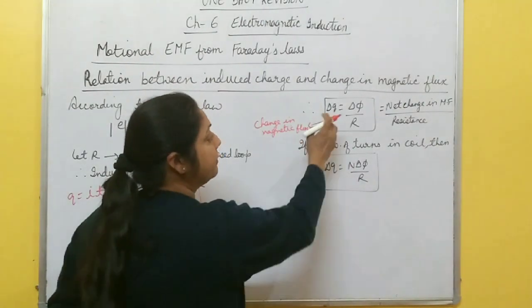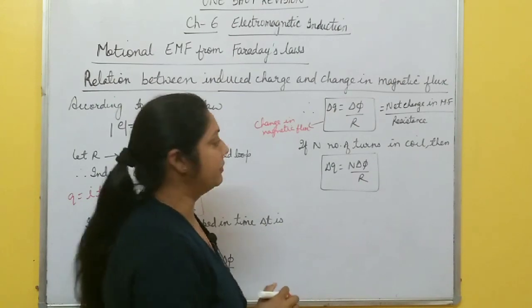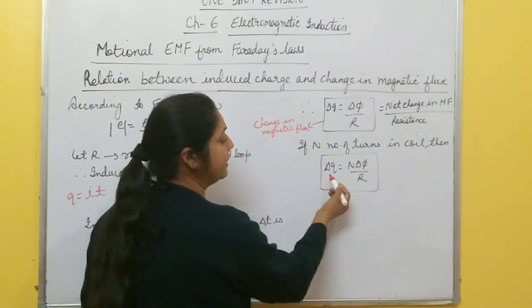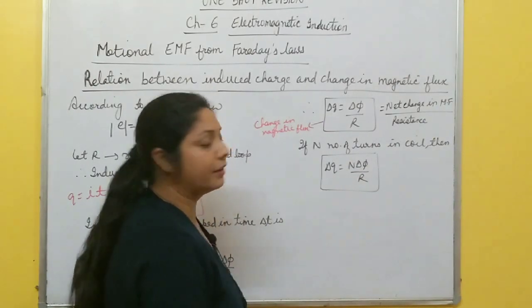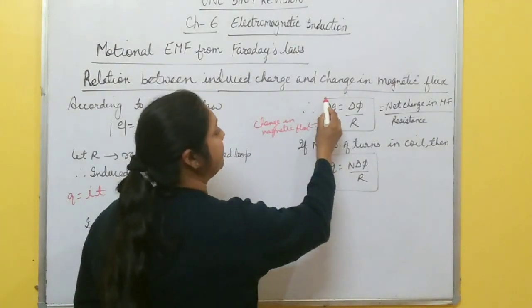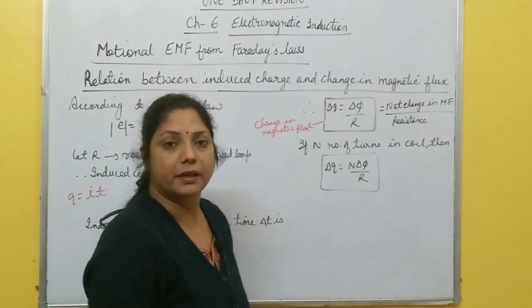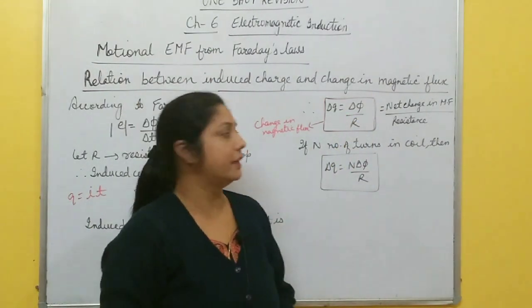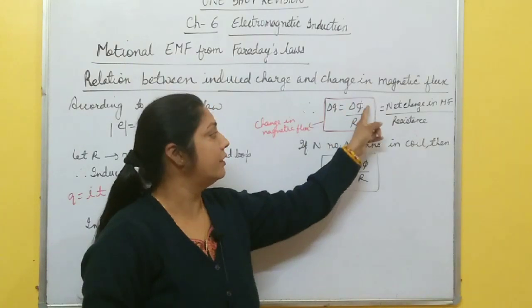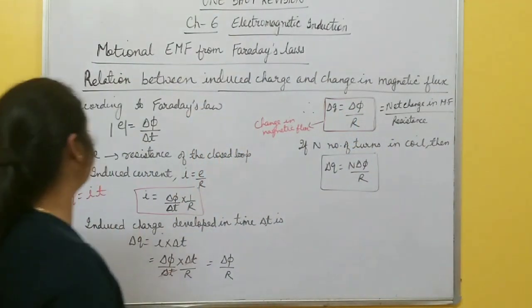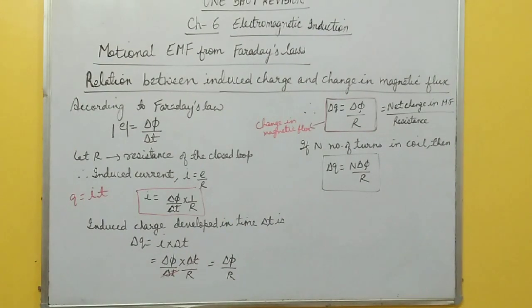It only depends on the change in magnetic flux divided by R. If there are n turns in the coil, then delta Q equals n delta phi by R. So this is the relation between induced charge and magnetic flux, right? Please take a screenshot of this one. After this, we'll move to the next topic.